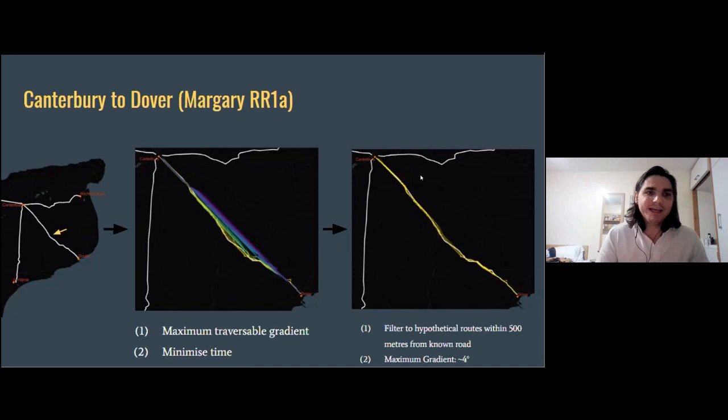So in this example for Canterbury to Dover, what I do is I filter to within 500 meters, and it's quite subjective in the sense of how far it has to be from the known road to say it's good enough. But in the case, for example, of the steep escarpments and so on, they're quite difficult because they're extremely local.